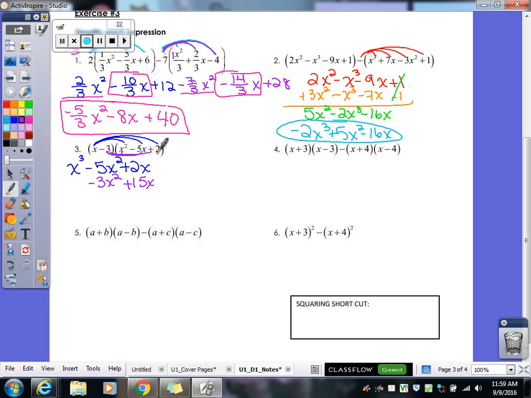And then negative 3 times 2 gives us a minus 6. So then combining our like terms, I get x cubed minus 8x squared plus 17x minus 6.